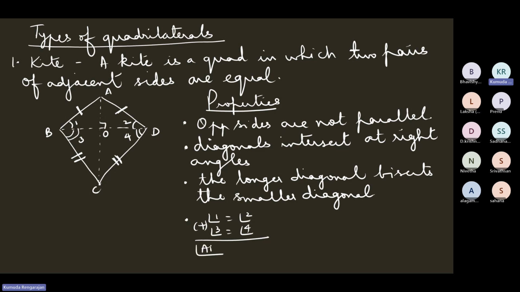Angle ABC is equal to angle 2 plus 4, ADC. So in a kite, one pair of opposite angles are equal. The other pair will not be equal. The other pair of opposite angles are not equal. In a kite, one pair of opposite angles are equal.